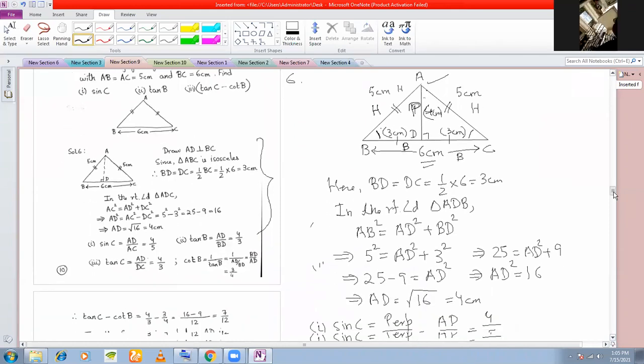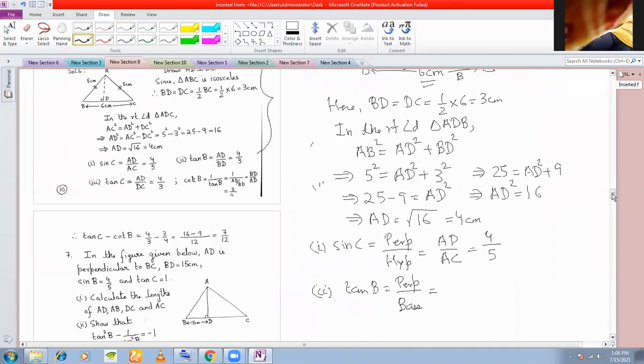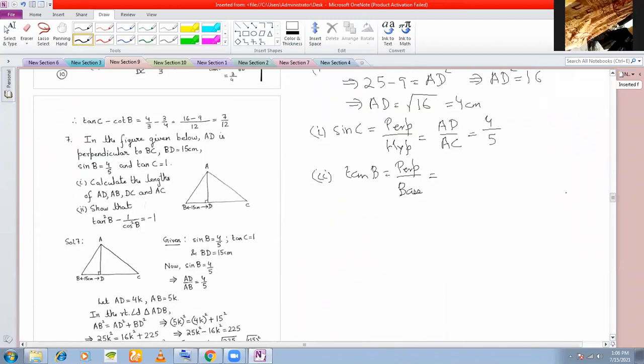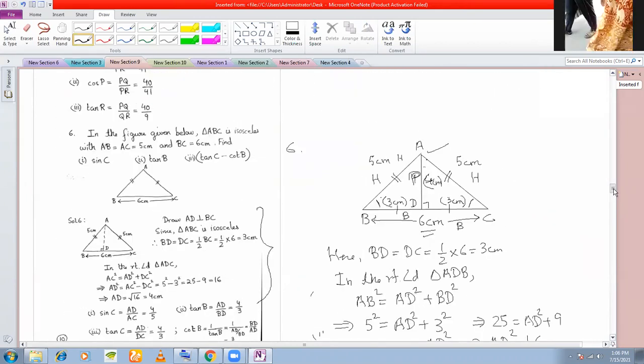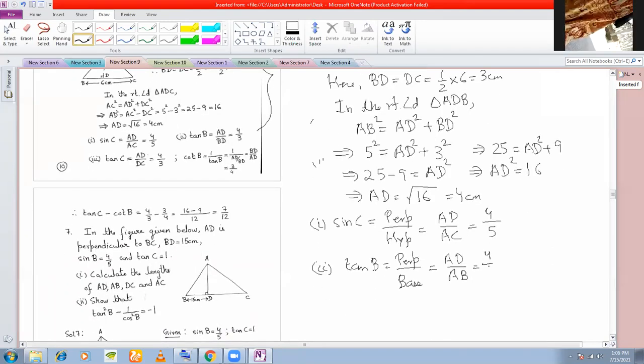So the perpendicular here is AD and the hypotenuse here is AB. So AD by AB is equal to, now AD here is 4 centimeters, AB is 5 centimeters, so 4 by 5.